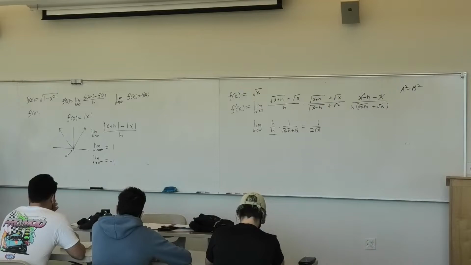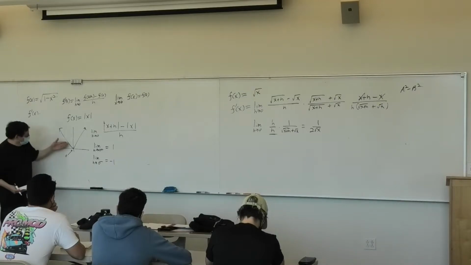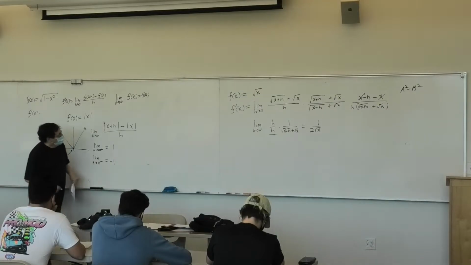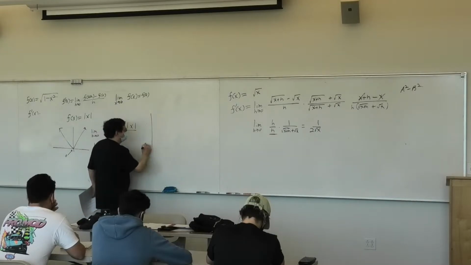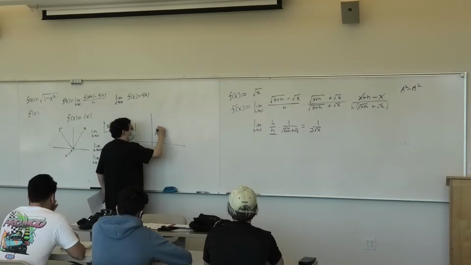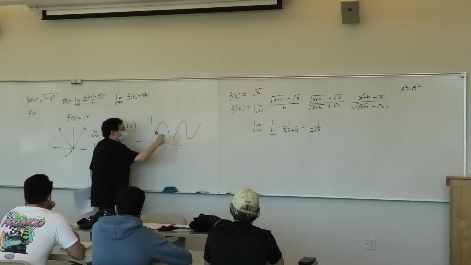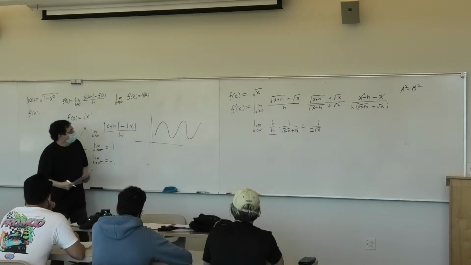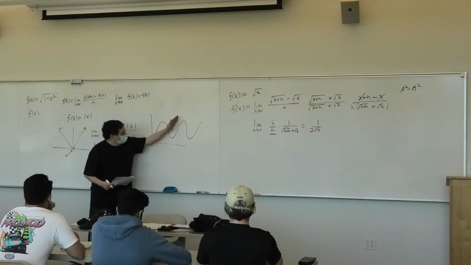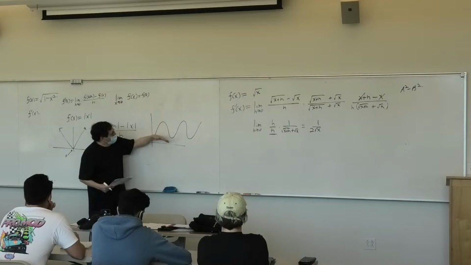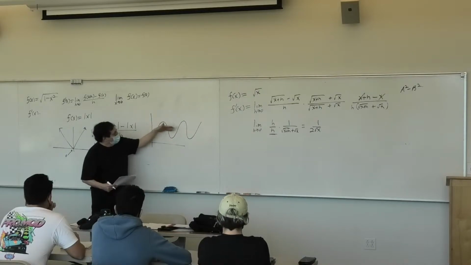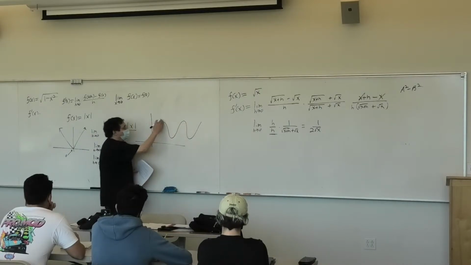Now, what can we learn about this? You can have a function whose value changes direction, whose slope changes direction, and it will be differentiable, but it has to be smooth.